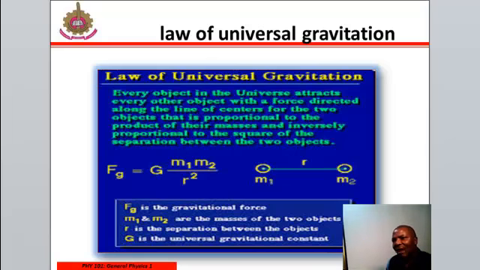And that can be represented as F subscript G equals capital G multiplied by the first mass M1 multiplied by the second mass M2 over R squared. R is the distance of separation between the two objects, where M1 and M2 are the masses.